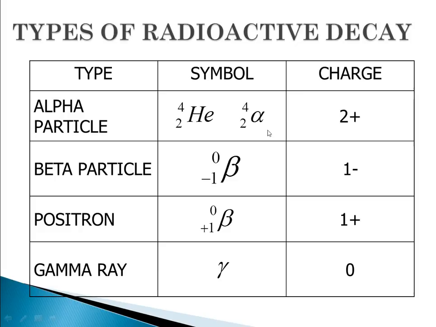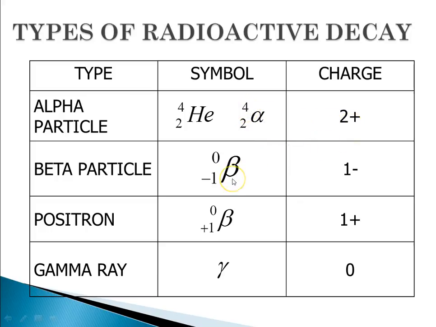Remember that silly video that we watched with people pretending to be alpha particles for the gold foil experiment with Rutherford? And again, the alpha particle has a charge of 2 and a mass of 4. So again, charge is 2.